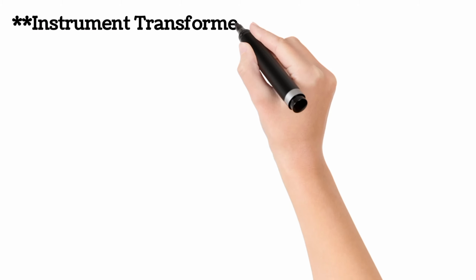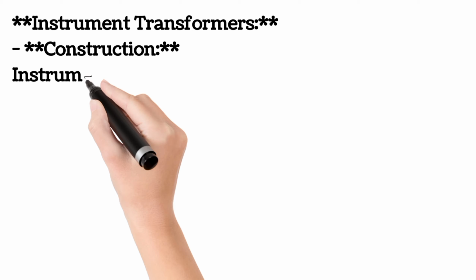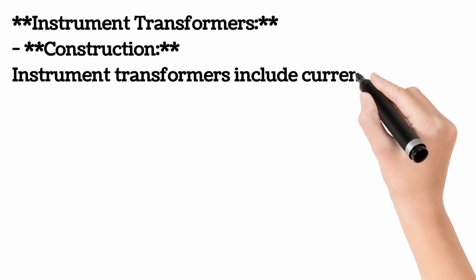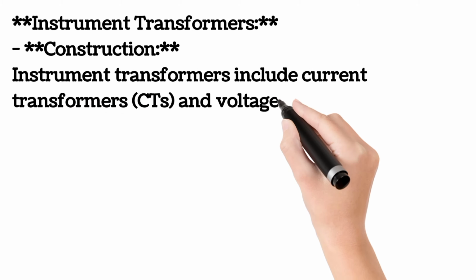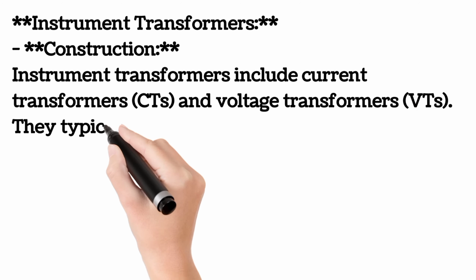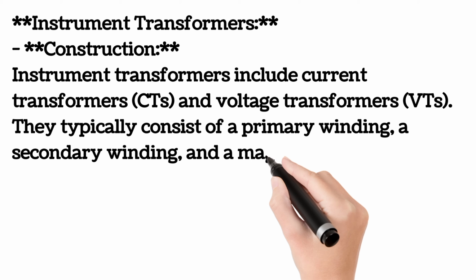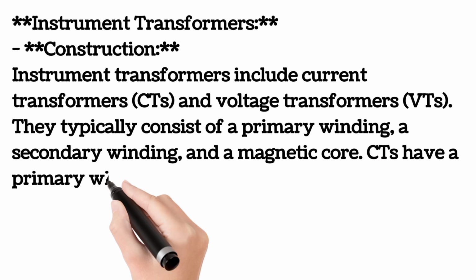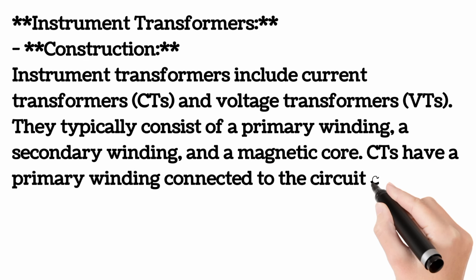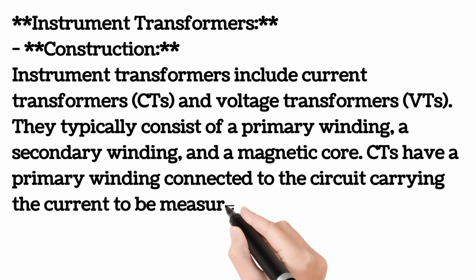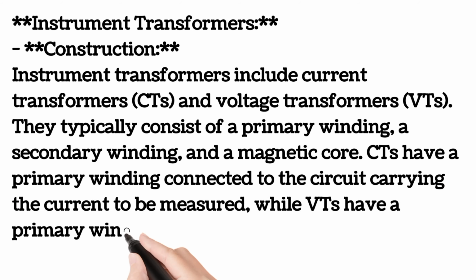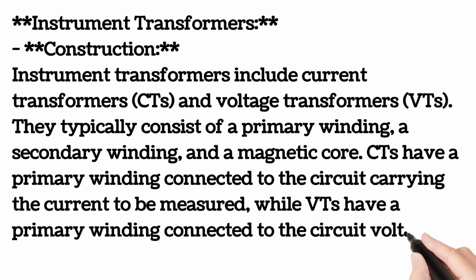Instrument transformers. Construction. Instrument transformers include current transformers, CTs, and voltage transformers, VTs. They typically consist of a primary winding, a secondary winding, and a magnetic core. CTs have a primary winding connected to the circuit carrying the current to be measured, while VTs have a primary winding connected to the circuit voltage.